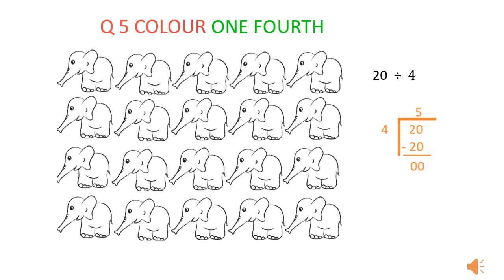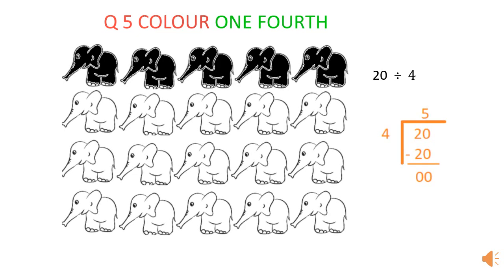Now I will divide 20 by 4. Why? Because it's 1/4 you need to color. So when you divide 20 by 4, you get 5. So the quotient is 5. 4 5s are 20. It means you need to color 5 elephants, right?